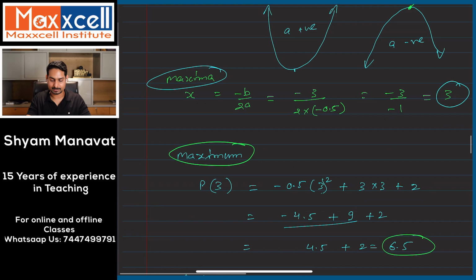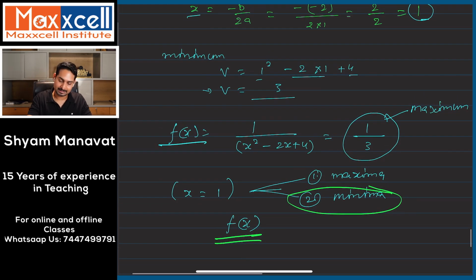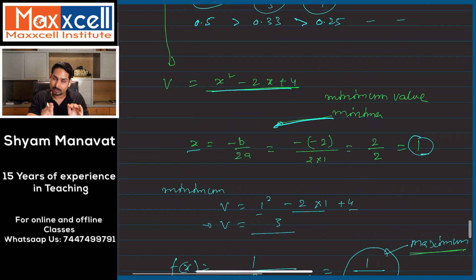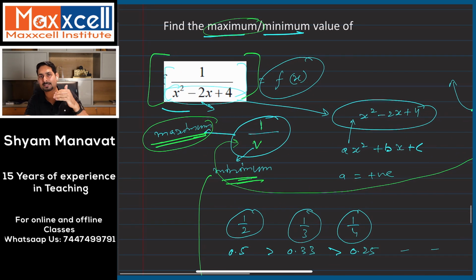Now understand this question. What sin has this question committed? Now here we are saying that this 1/3 is maximum for x equal to 1. Say again, f of x is maximum for x equal to 1. So x equal to 1 for the function should be maxima. If you look at only the denominator, then x equal to 1 is minima. But the question is not asking you to treat the denominator differently.